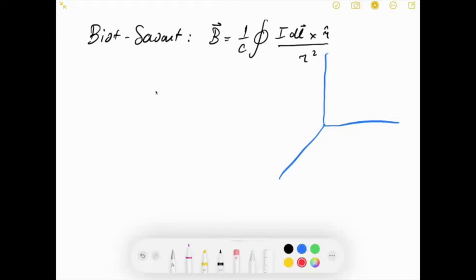So that's our coordinate system, and then this is our current. It's a current carrying wire, a nice little loop. It's got big radius R. And now we have a current that flows in this direction.